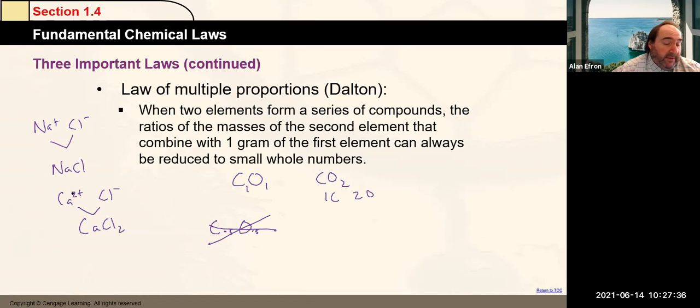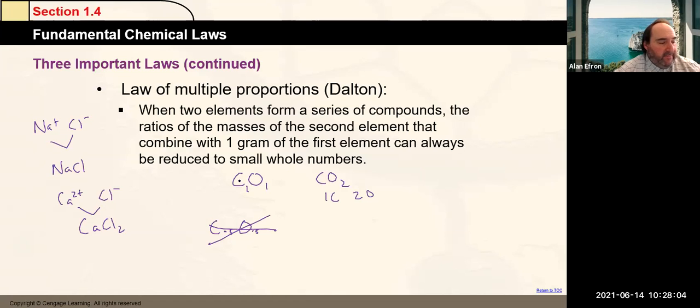The simplest ratio that gets everybody to 0 charge is 2 chlorides to balance out the 1 calcium. So they always come together in these simplest whole number ratios, which is what is sometimes referred to as the empirical formula, as we'll talk about later in the chapter.